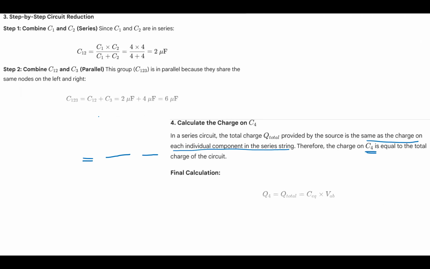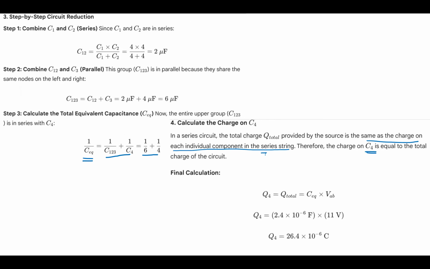I think this is the important part. In a series circuit, the total charge Q total provided by the source is the same as the charge on each individual component.